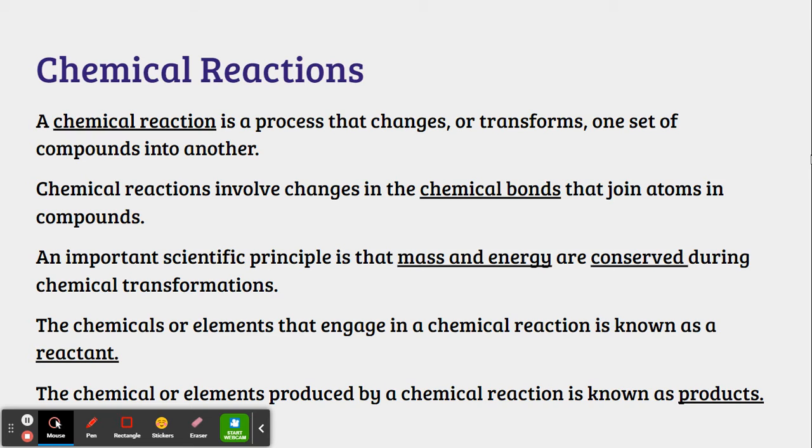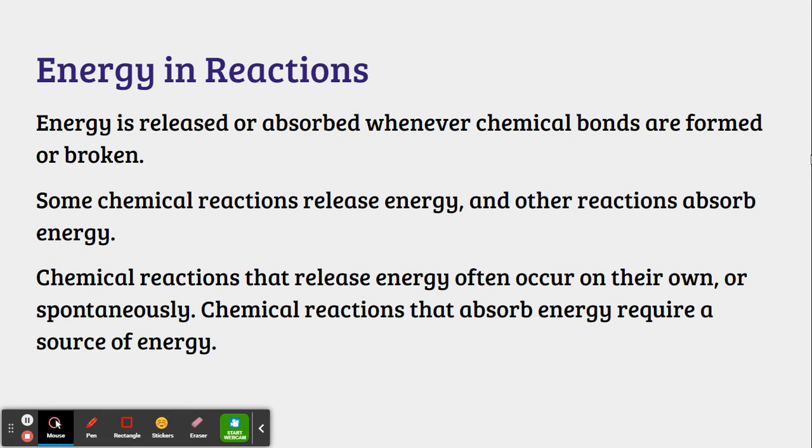But remember, when this occurs, both the mass and energy involved in the reaction are conserved, meaning that the mass and the energy cannot be created, they cannot be destroyed. The chemicals or elements that engage in a chemical reaction we call reactants, while the chemicals or elements produced by the reaction are known as products.